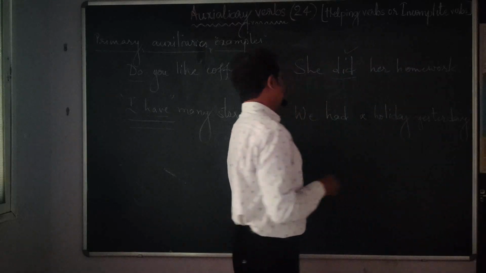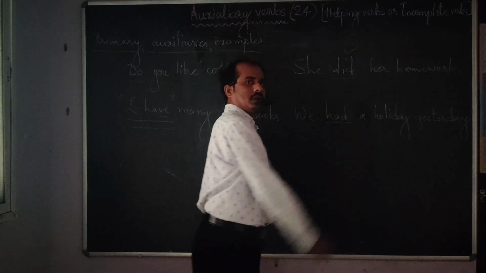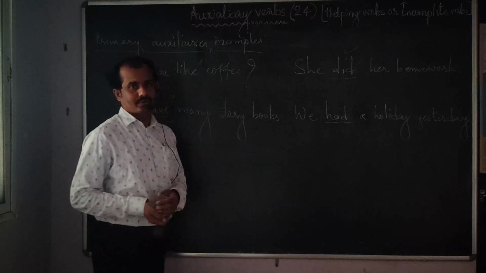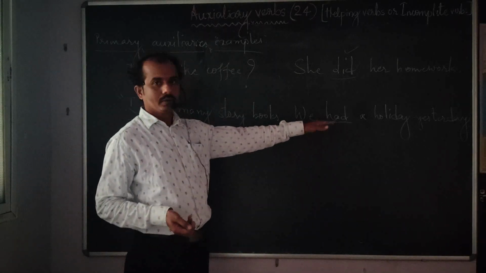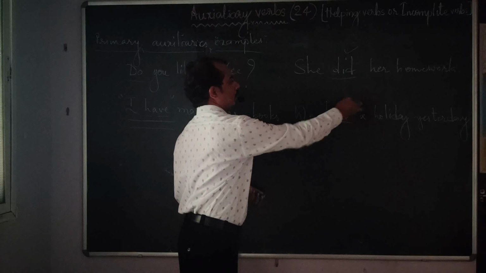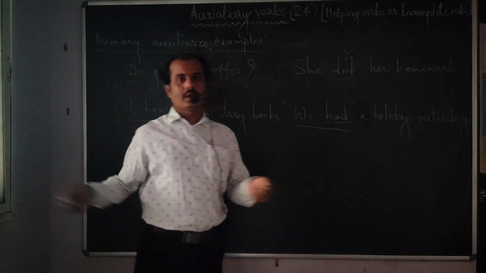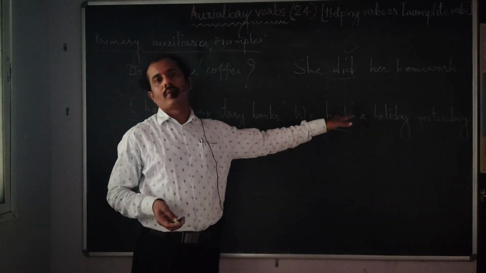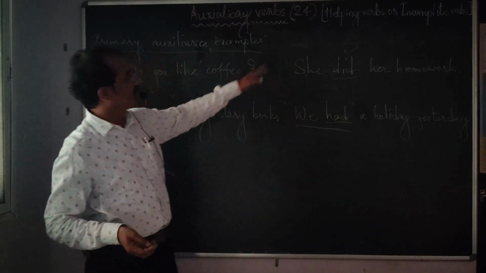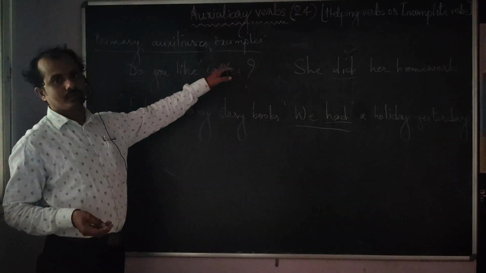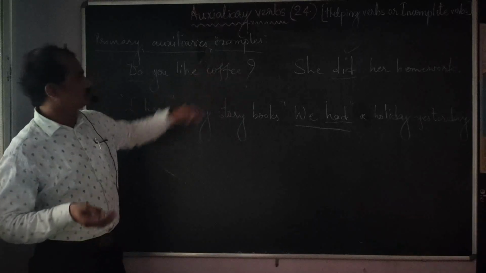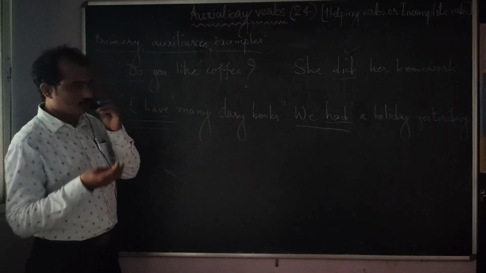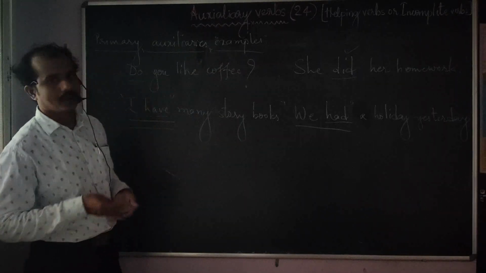So had is a helping verb used in past perfect tense. Primary auxiliaries are used to make interrogative sentences, negative sentences, and to form the different tenses.